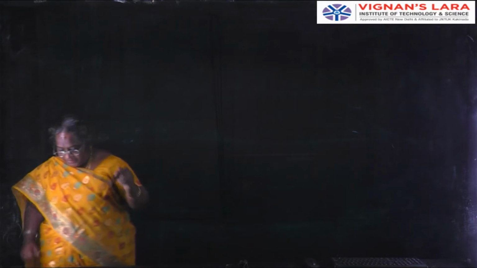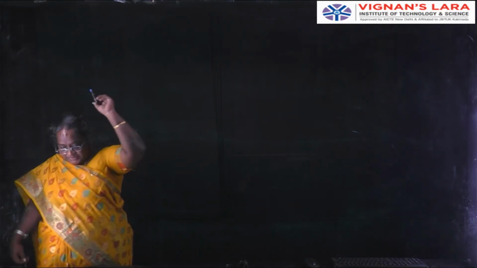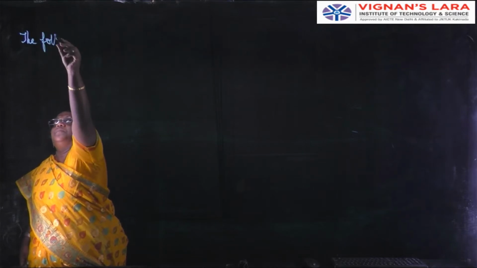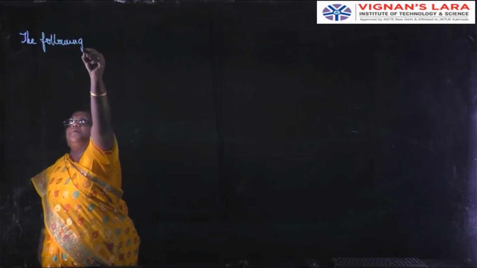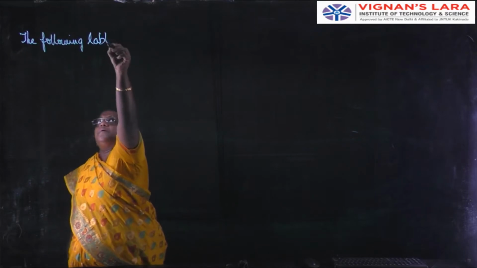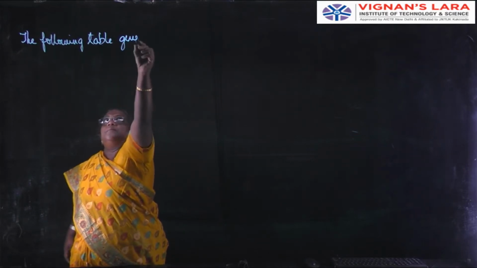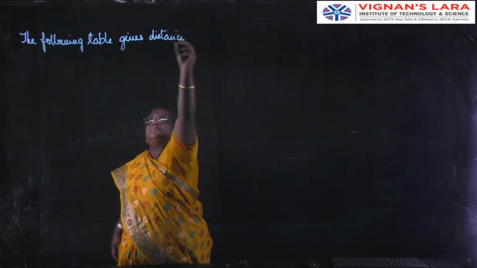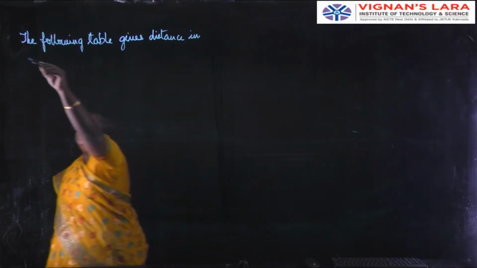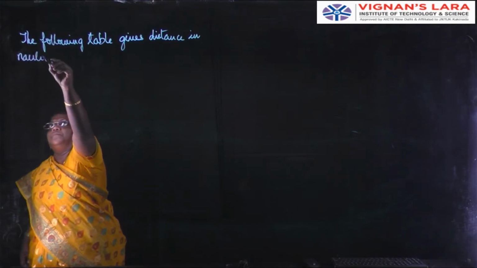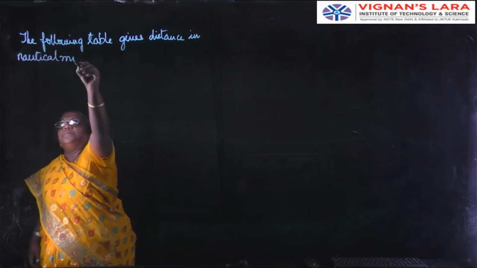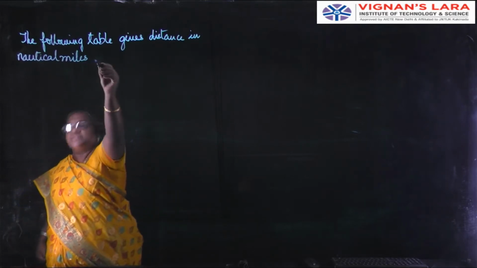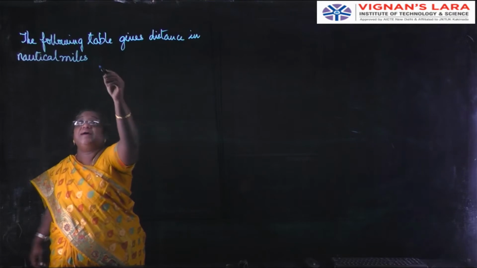The following table gives the distance in nautical miles of the visible horizon for the given heights.